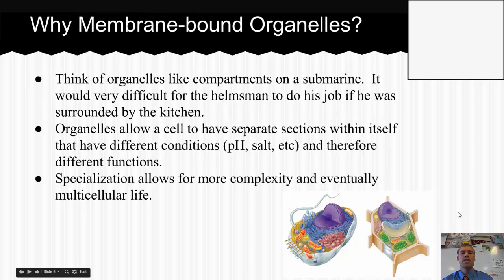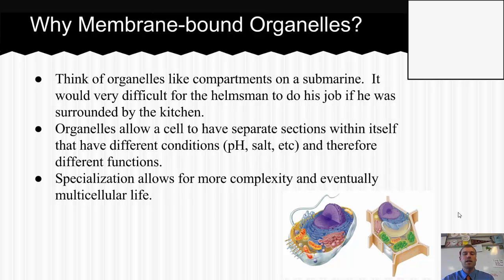So why do you think membrane-bound organelles might be important? Well, think about organelles like compartments of a submarine, okay? Having different compartments in a submarine allows the different parts of a submarine to function efficiently. So an organelle allows the cell to have separate sections within itself, and membrane-bound organelles in particular.